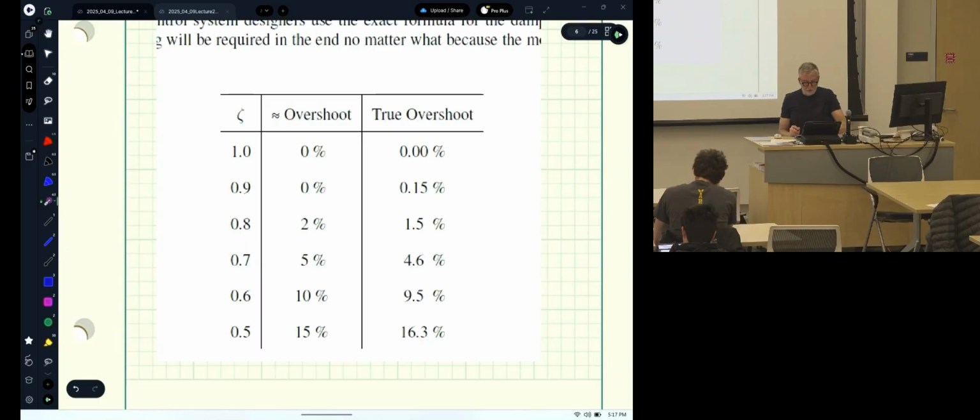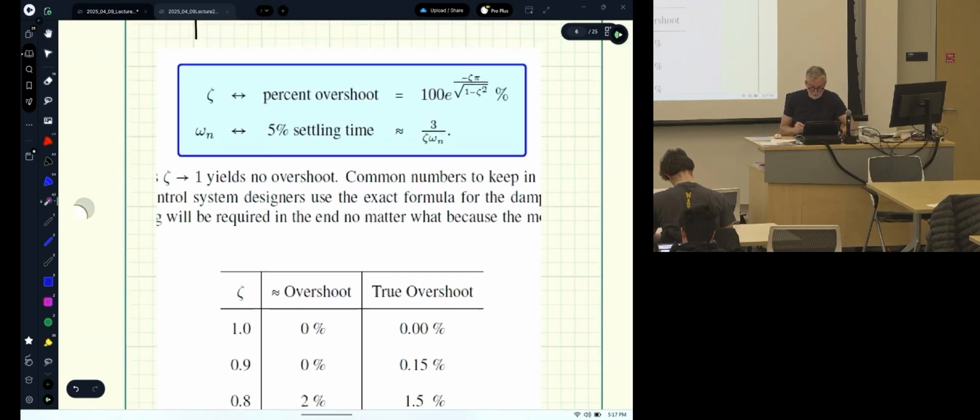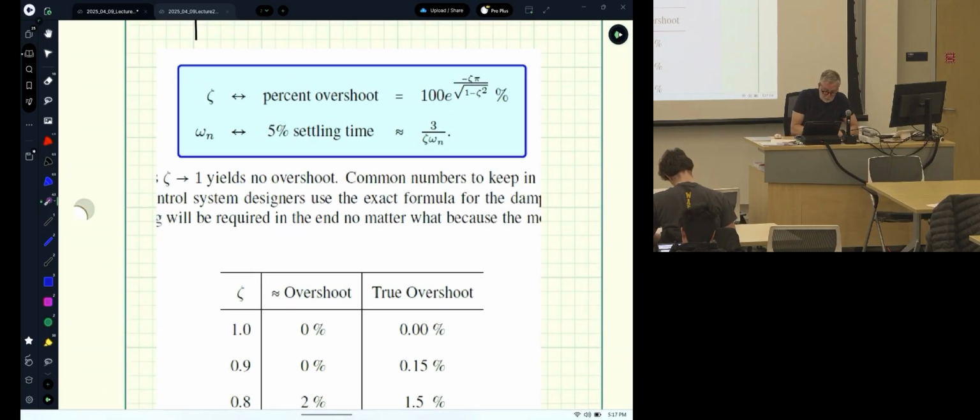We typically use this one. And then once you know your damping ratio and you choose an undamped natural frequency, you have a settling time, but that means you can just solve for the undamped natural frequency.